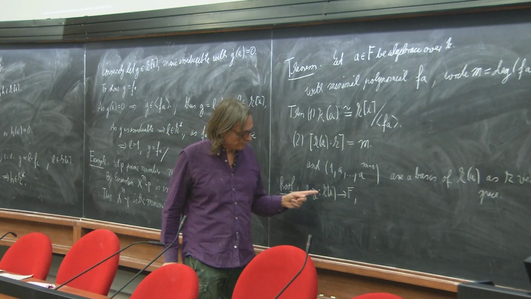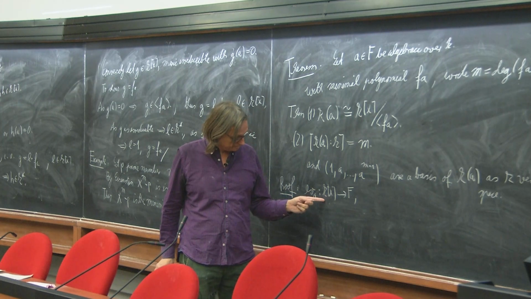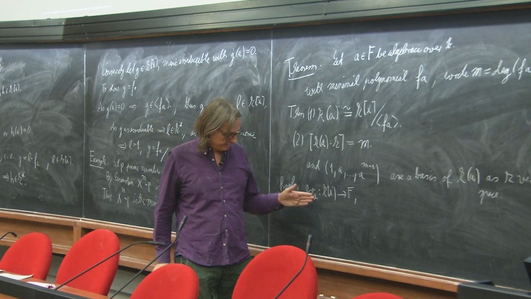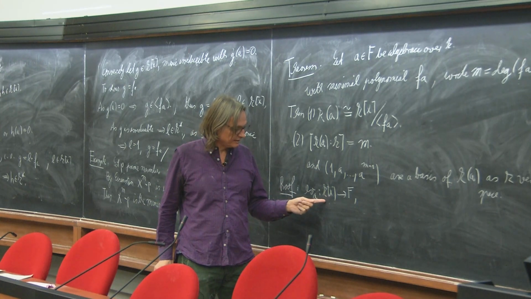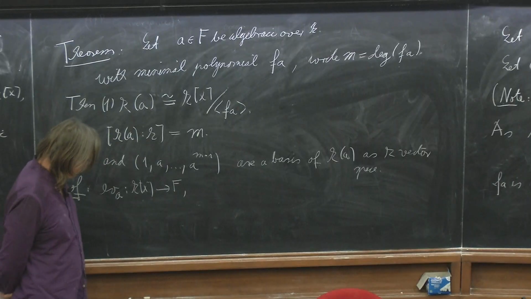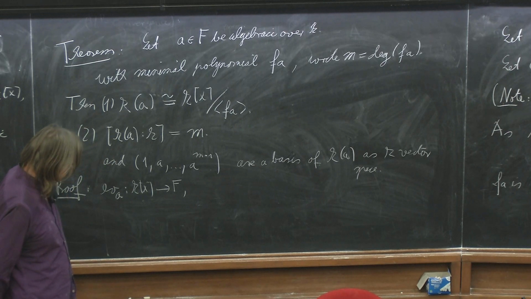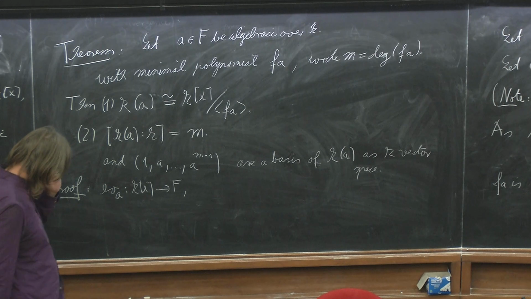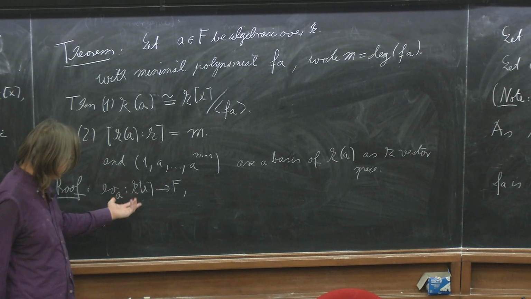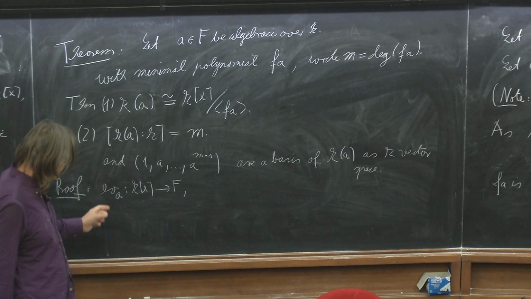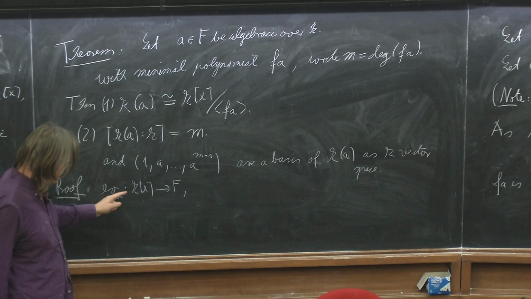So the coefficients of the polynomial are in k. So you get a polynomial in a with coefficients in k. So some combination of sums and products of powers of a's and elements in k's. So any field that contains k and a will contain all such elements. So therefore, this evaluation homomorphism actually goes to Ka.